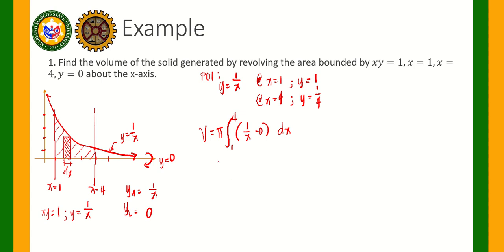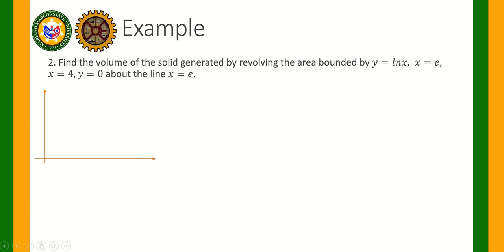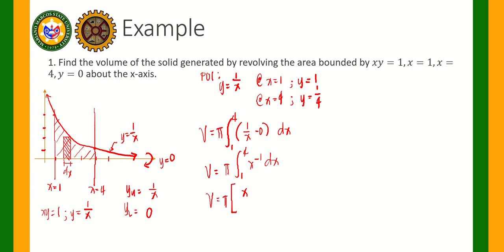Okay? So, our v is equal to pi, the integral of, since this is 0, we can have x negative 1 dx. So, we raised the denominator x up and its exponent became negative. Limits from 1 to 4. So, v is equal to pi, the integral of, or we should integrate, that is equal to x negative 1 plus 1, that is equal to, we forgot something.